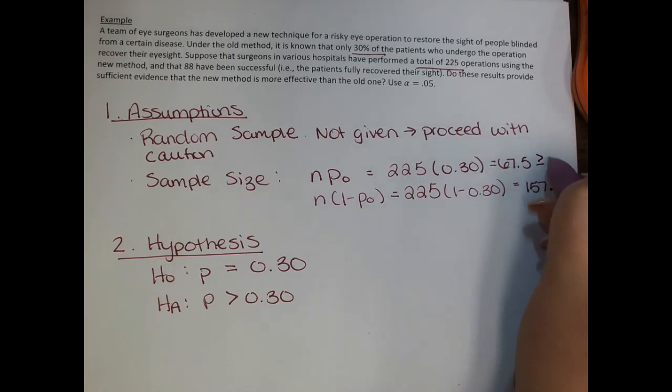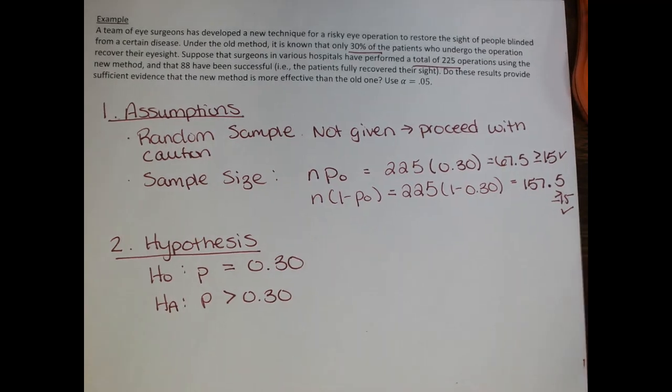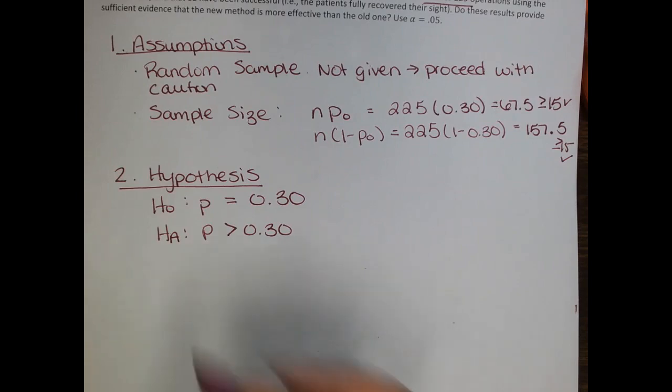Notice both of these values are bigger than or equal to 15, so we are good to go. Now that we have our assumptions and we've written down our hypotheses, we can go through and compute our test statistic.